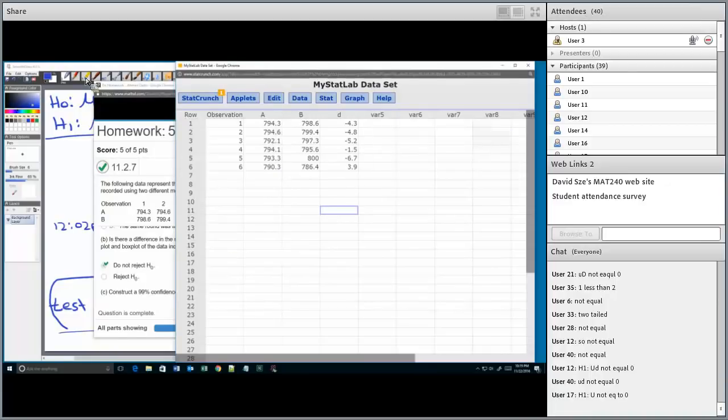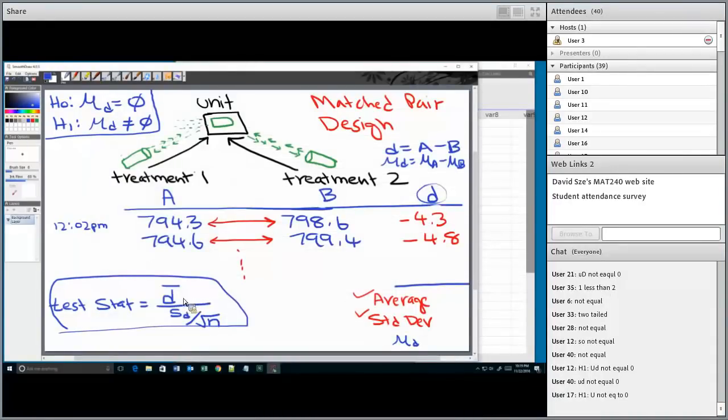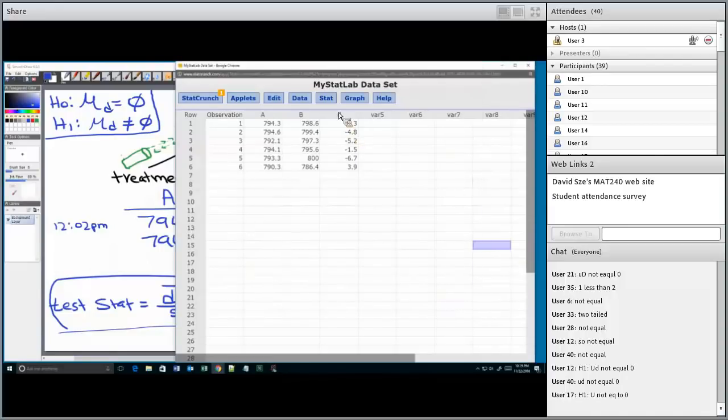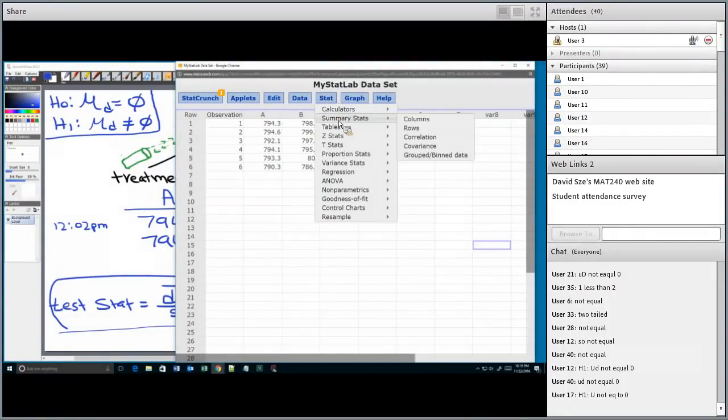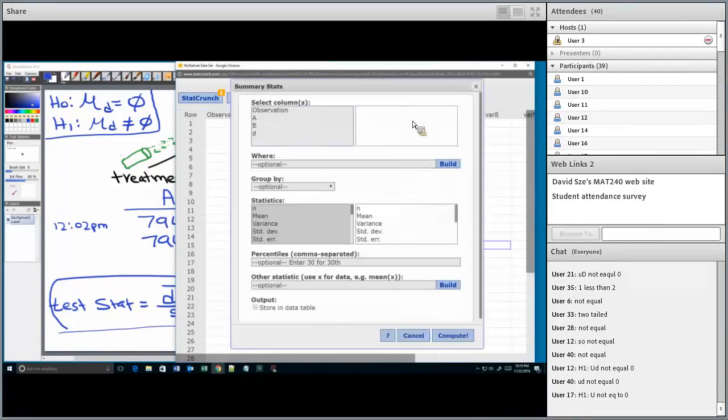And remember I said you can find your test statistic using this equation. You have to calculate the average of D and the standard deviation of D. So this is my D. All I have to do is go to Stat, Summary Stat, Column. I click on D, and I can find my average, which is the mean, and the standard deviation.